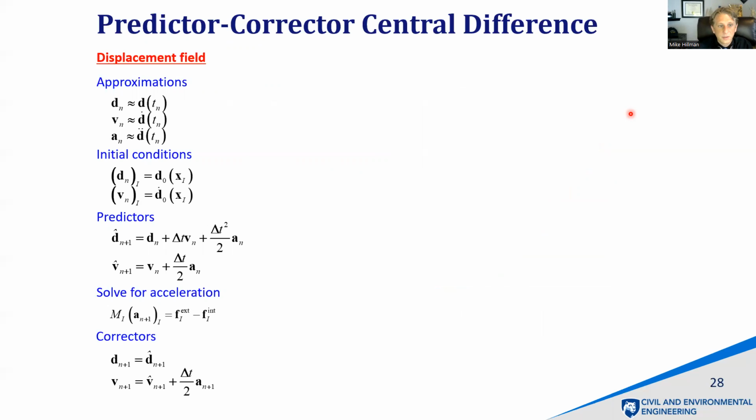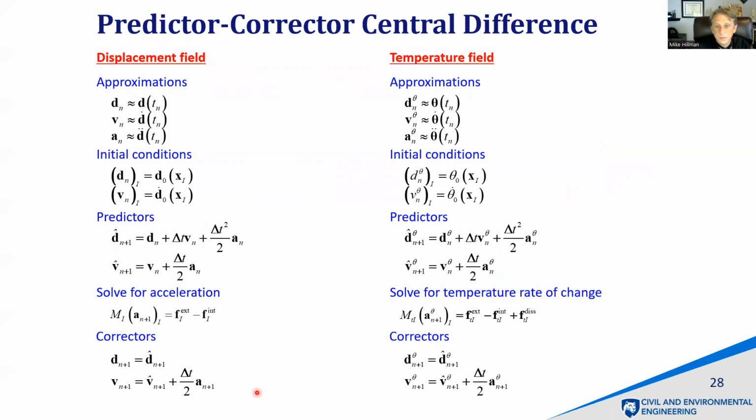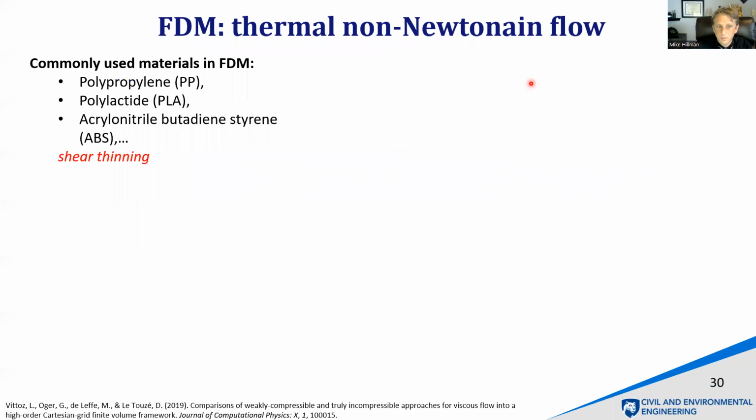If you actually want to implement this, here's a predictor corrector, everything that I would normally do in explicit dynamics for displacement. And well, we get the exact same scheme for the temperature field. So you can literally copy paste chunks of your code and implement this in a very nice way into an existing solver. All right, let's look at thermoplastics now.